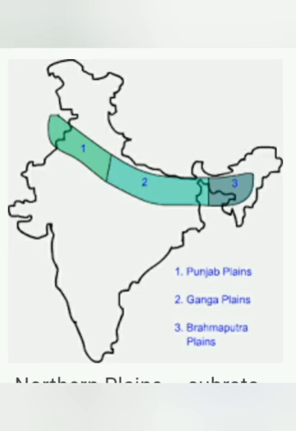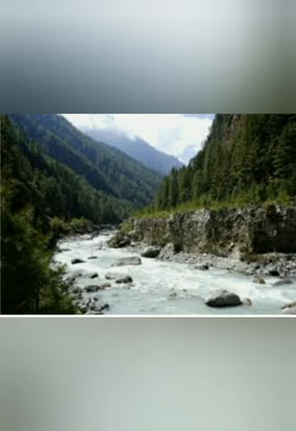The sand, silt, clay, and other materials brought by rivers and deposited in the plains are called alluvium. The alluvium makes the soil fertile. Fertile soil is good for the growth of crops. The rivers also provide water for irrigation, drinking, and other purposes.